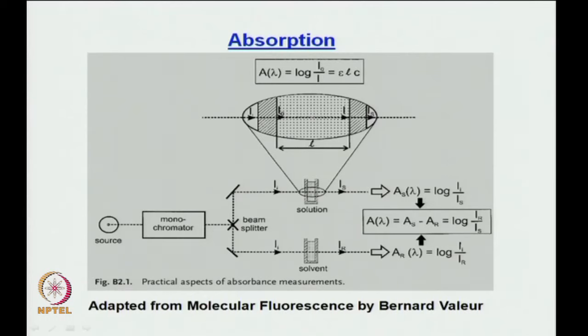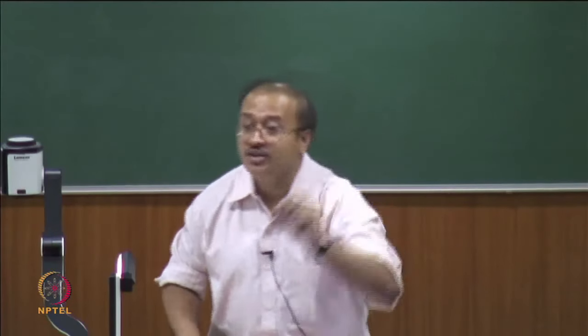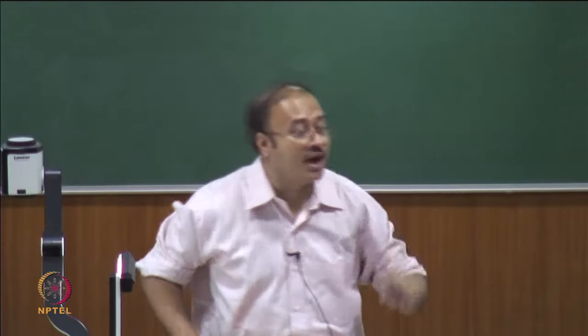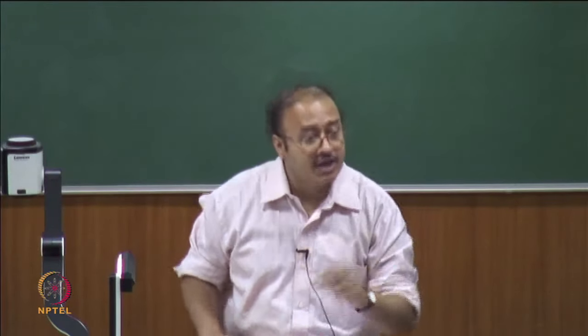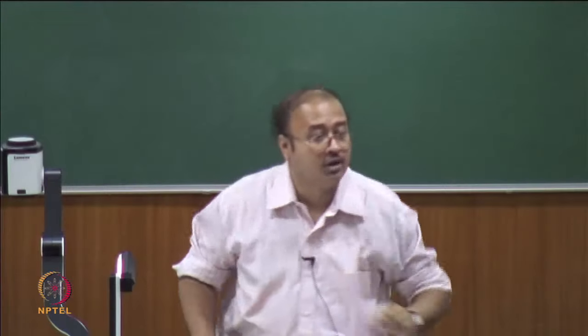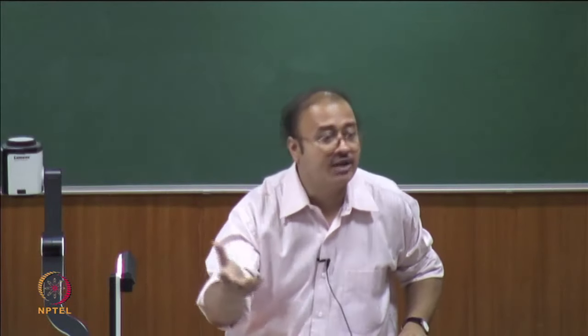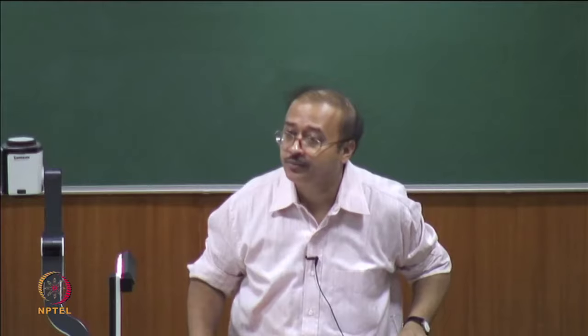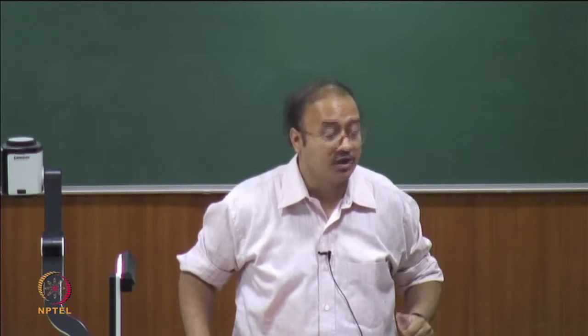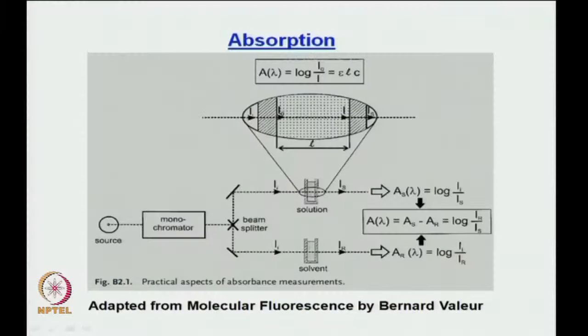So the bottom line is, if you have an incident light of intensity I coming in, there is no guarantee that the light hitting the sample is actually I. Before that it has to pass through that thick wall, and hence some kind of absorption or scattering can happen. So you have to take care of these things. Similarly, the I which is getting transmitted and the I_S can be different.